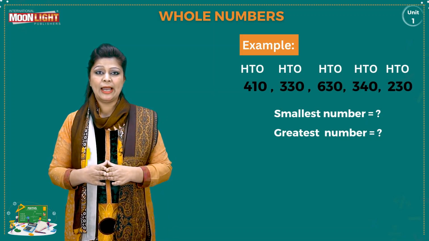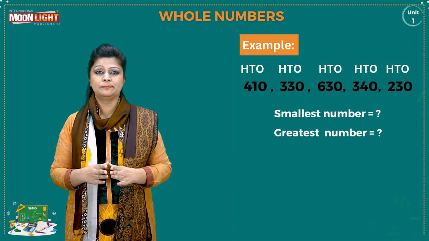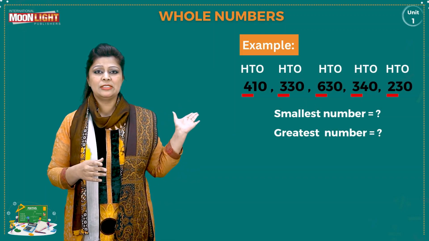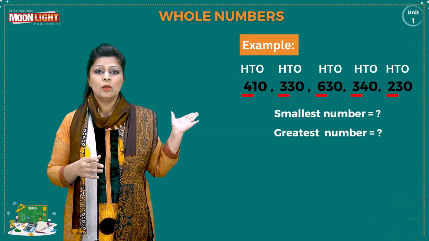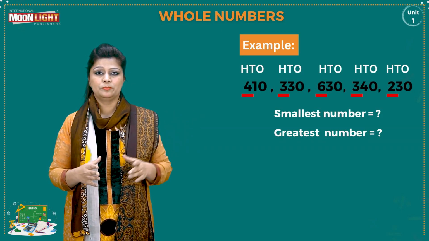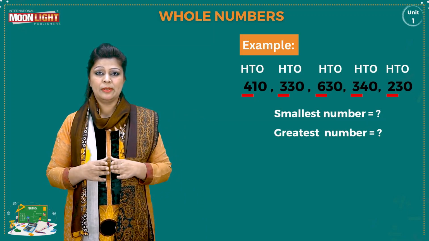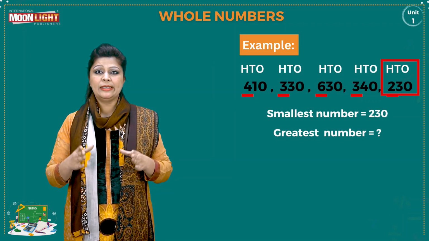For checking that, we need to check the 100s place of all of these 3-digit numbers. By underlining the 100s digits in this sequence, we have seen that the smallest 100s digit is 2. So that is why the smallest number is 230.